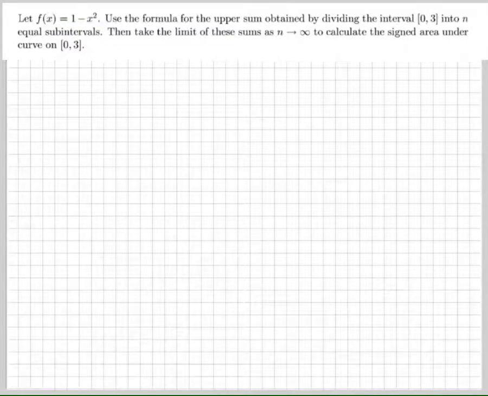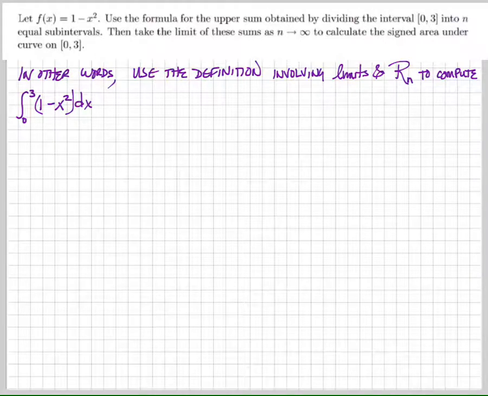And now, rather than using 6 subdivisions as we did on page 6, I'm asking that we use the definition of definite integral as the limit of a Riemann sum as the number of subintervals goes to infinity to compute the area exactly. Let me get us started. So, let me say this one more time: we're going to use the definition that involves limits and Riemann sums with n subdivisions to compute a definite integral.